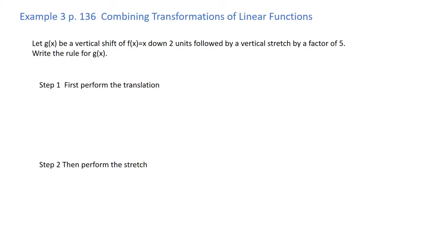Okay, so first of all, it says let g be a vertical shift of f of x equals x down 2 units, followed by a vertical stretch by a factor of 5. So let's talk about this. First of all, we're going to do a vertical shift down.